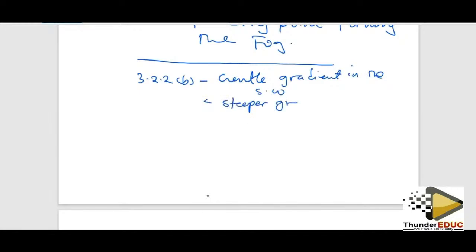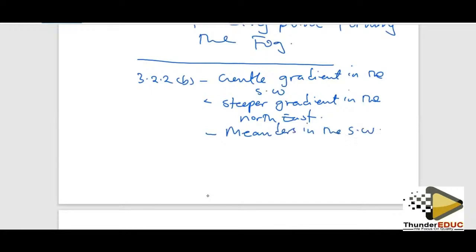So steeper gradient in the northeast as well. You could see meanders in the southwest. Flood plains in the southwest.